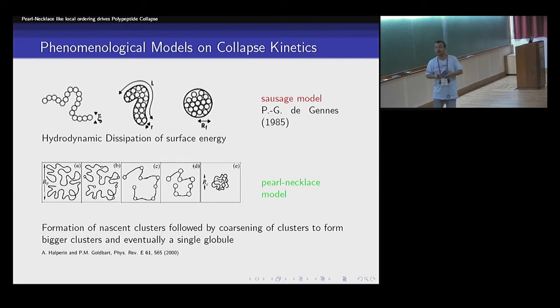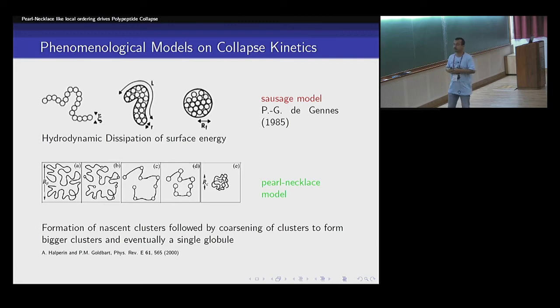There were few studies following this picture, but most of those simulation studies showed that the Jain picture is not valid.